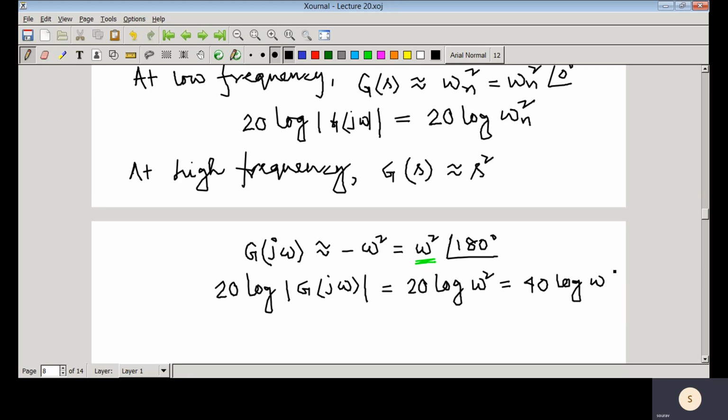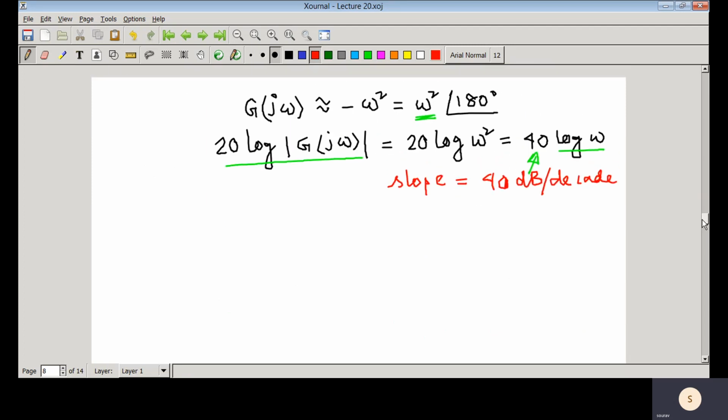And it is interesting to see that if this is y, that is in dB, and this is x, so the slope is actually 40 dB per decade. So in case of that first order factor, we have seen that slope becomes 20 dB per decade, but here the slope is 40 dB per decade.